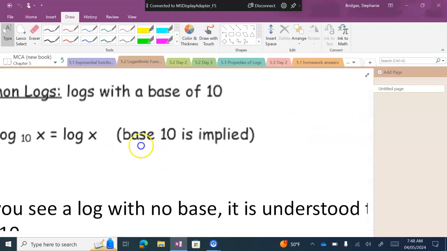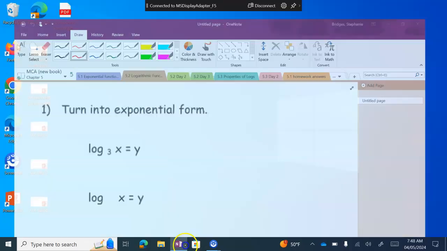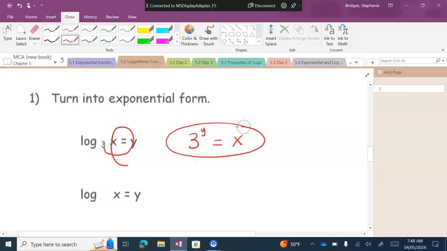Again, we start with a base. So it's going to be 3 to the y power equals x. And so when I write it, I'm literally writing 3 to the y power equals x. And that is all I have to do. Just changing the way it looks. Changing it from log form to exponential. Does that make a little bit of sense?